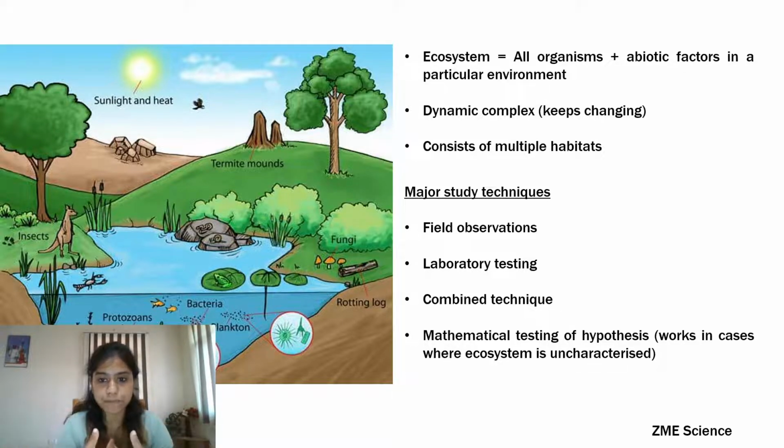A particular ecosystem could be made up of multiple habitats. Here in this image we can see that there is a pond, a rocky area, and then there are grasses and trees and so on. So a single ecosystem could have multiple habitats: an aquatic habitat, a dry habitat, a green habitat with trees and so on.